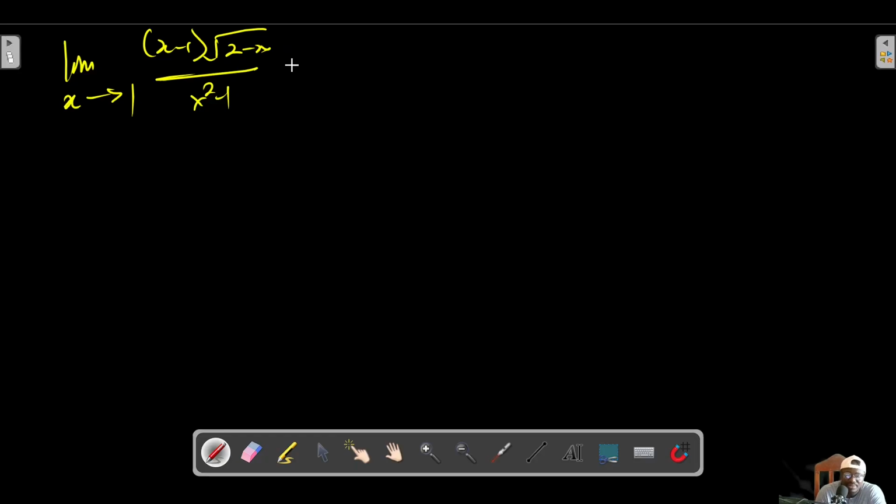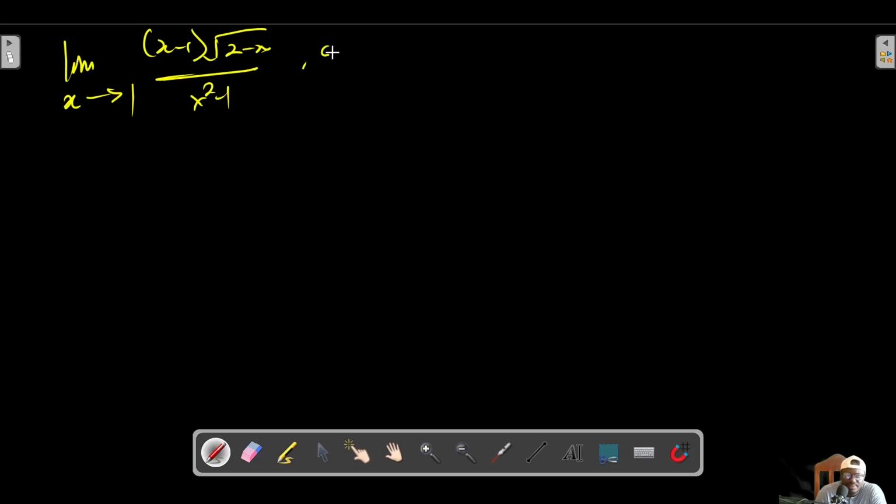All the time, you do direct substitution first, probably on your rough paper, to check if the limit of the expression given is an indeterminate. If it's an indeterminate, that is where you apply the various techniques to solve it.